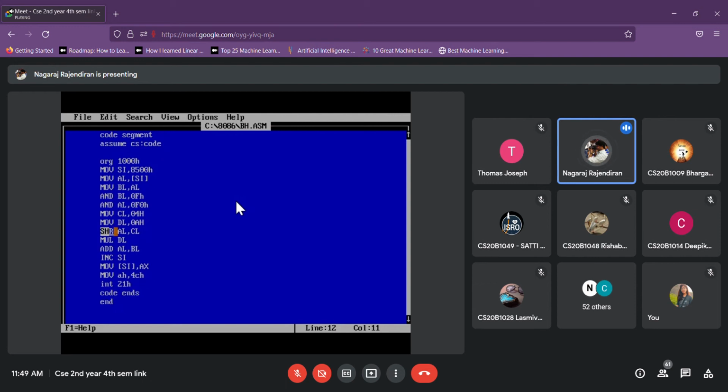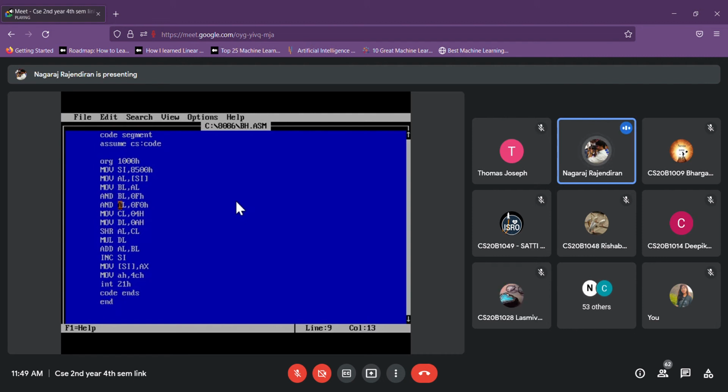I already explained, so what is the purpose of SHR? In order to get 05 from 50. I already mentioned AL contains 50, right? We are shifting the content of AL 4 times in order to get 50 to 05. Is it clear?